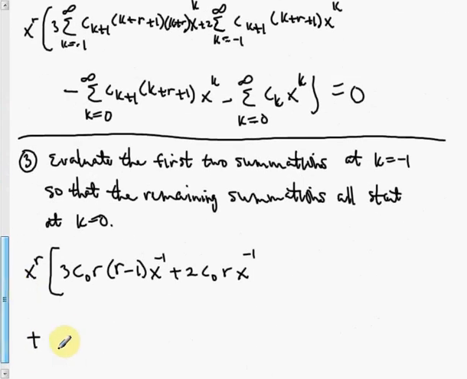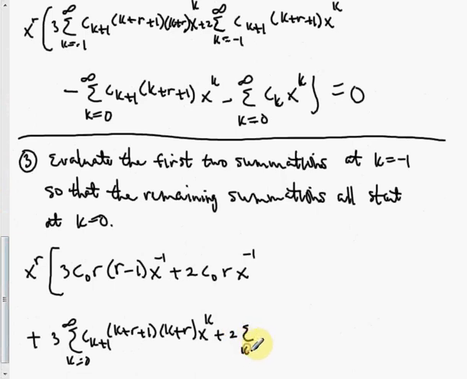So I'm going to just rewrite everything. But now the emphasis, we're starting, k goes from 0 to infinity for that first one. C sub k plus 1 times k plus r plus 1 times k plus r times x to the k plus 2 times the summation as k goes from 0 to infinity.